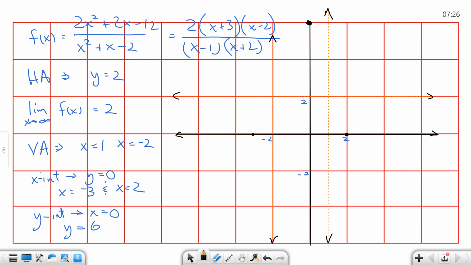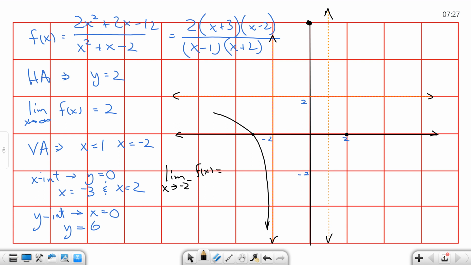So if it's going to pass through this point here, then we know that it's probably going to curve down this way. Okay? But we don't know for sure. Well, how can we figure it out? We can look then at the limit as x approaches negative 2 from the negative side of the function.